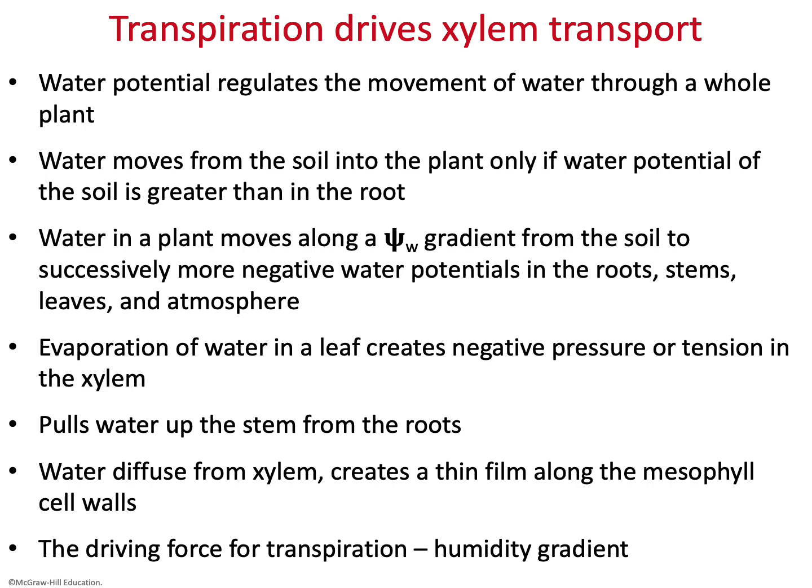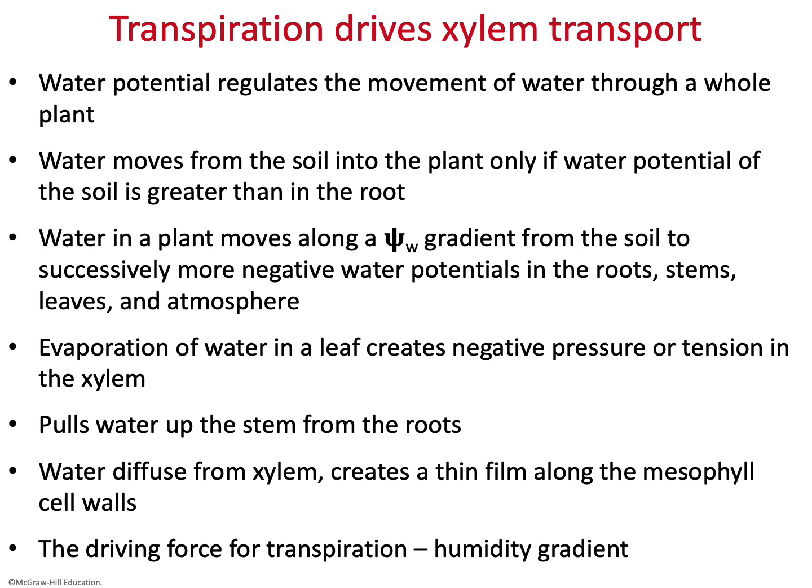Now we are going to look at what is driving xylem transportation. Transpiration provides the main force for moving water and dissolved solutes from roots to leaves. Water moves from soil into the plant only if the water potential of the soil is greater than that of the root.